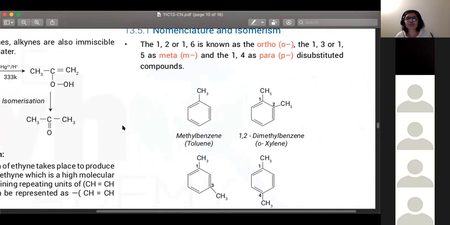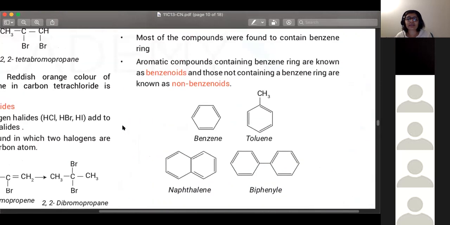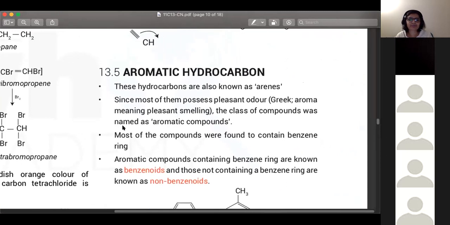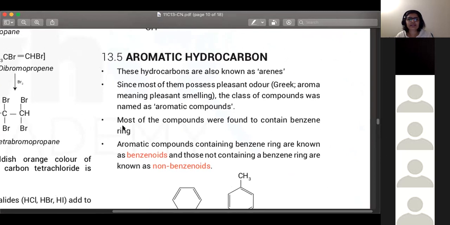Now coming to benzene, aromatic compounds. Okay, so aromatic hydrocarbons are also called arenes. So the most characteristic feature of aromatic compounds is that they always have a kind of aroma. So they're pleasant smelling, you say.